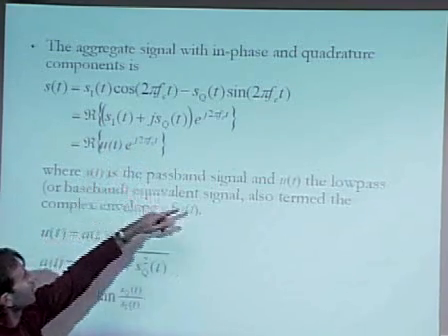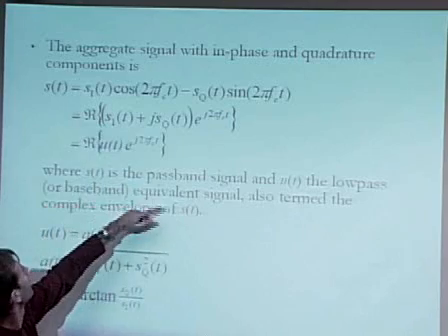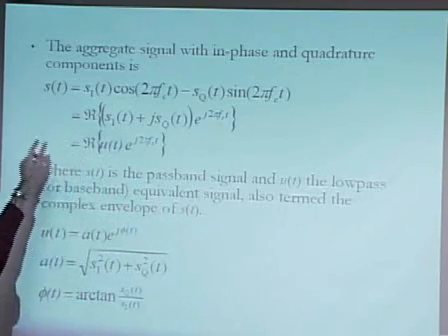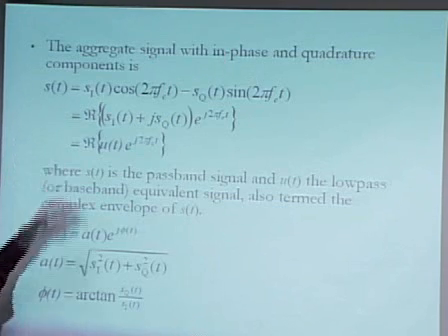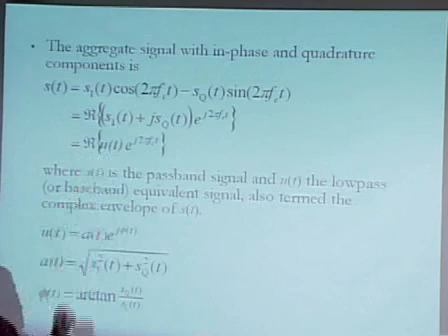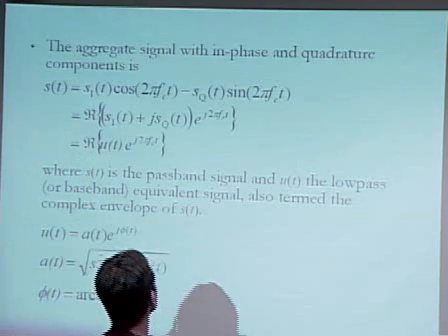And u of t we're going to call the low pass or baseband equivalent signal of s of t. So these two signals are the same. One is in the passband domain around fc, that's s. The other one, u of t, is in the baseband domain, low pass around 0.